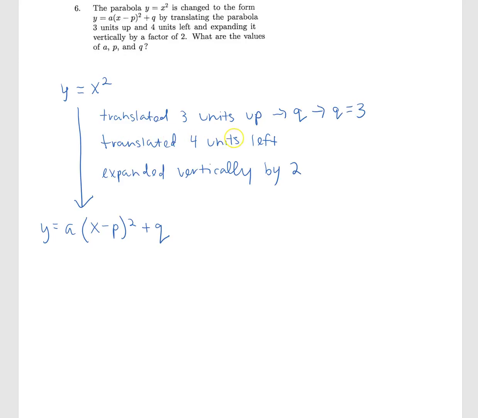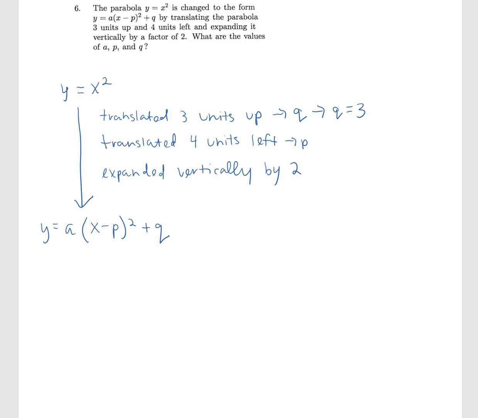For the second part, we're translating the origin 4 units to the left, and so in the same way as to the right of the y, in this case, the variable that we're changing is this p inside our squared term, and that's just given in your notes as well. In this expression, p is always being subtracted from x.